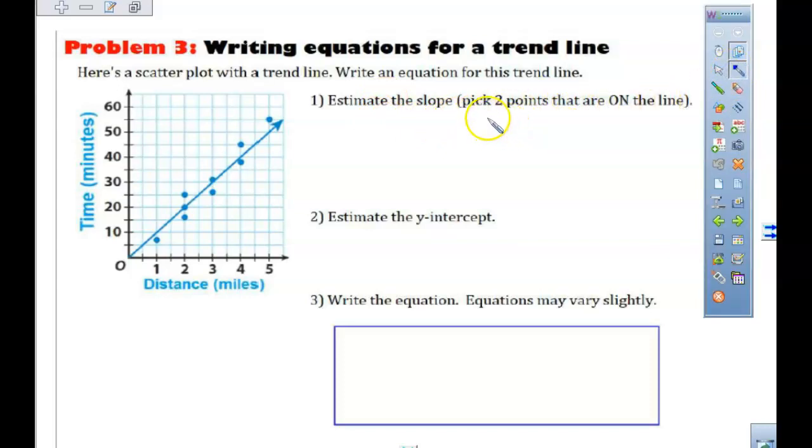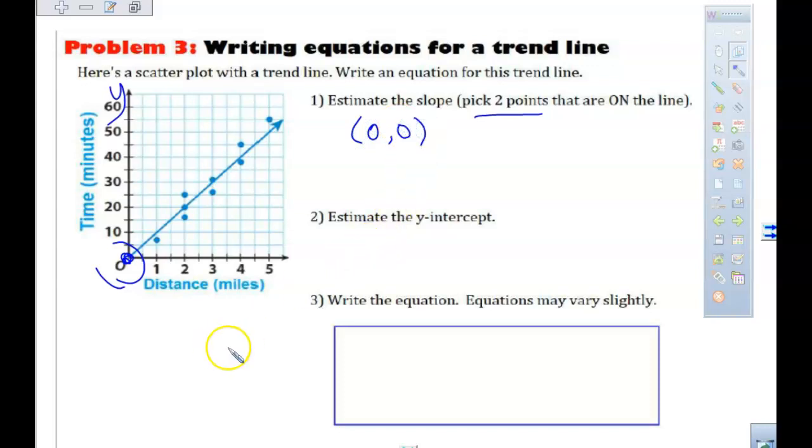The easiest, most beautiful point, if you can pick it, is always on that y-axis. So this point, we want to definitely pick that one, 0, 0. And then you want to think of another nice point. By nice, I mean I could use this one, but it's 1.5. So I might go instead to this point right here.